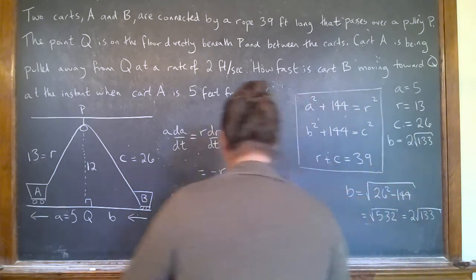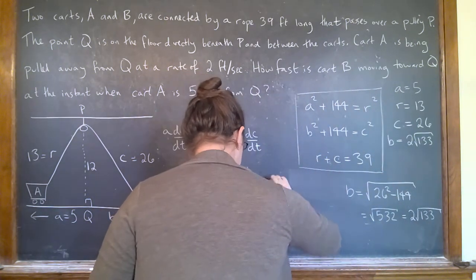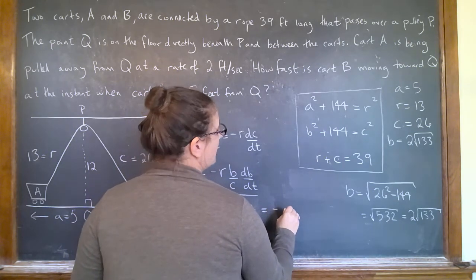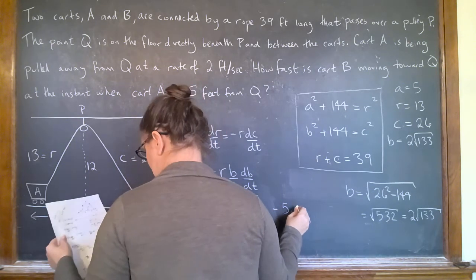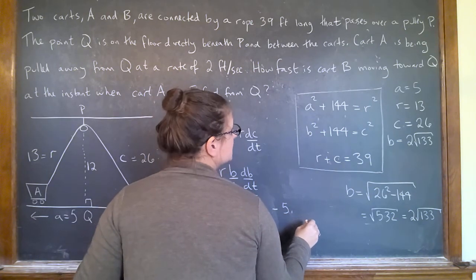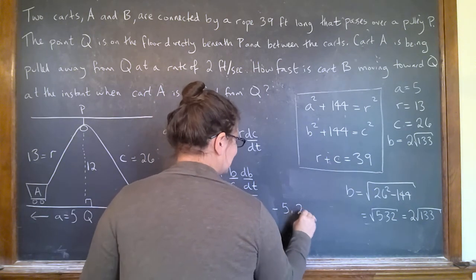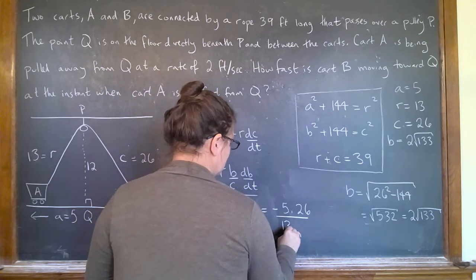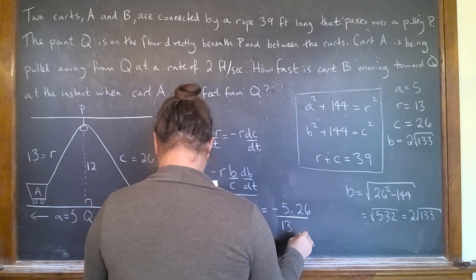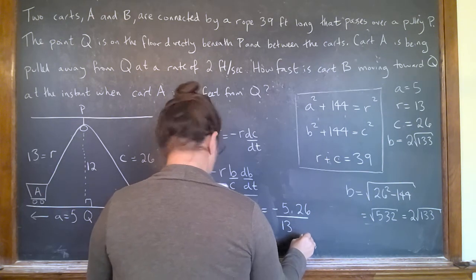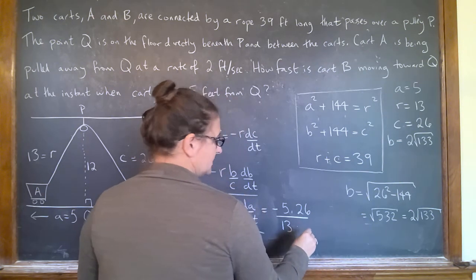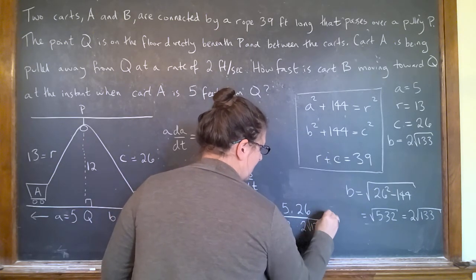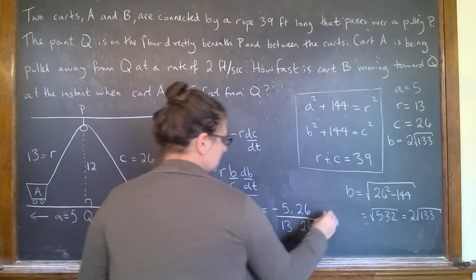Okay. And now I can just stick all that information in here. So A was 5 and C was 26 and R was 13 and then I have this 2 root 133 and dA/dt was 2.